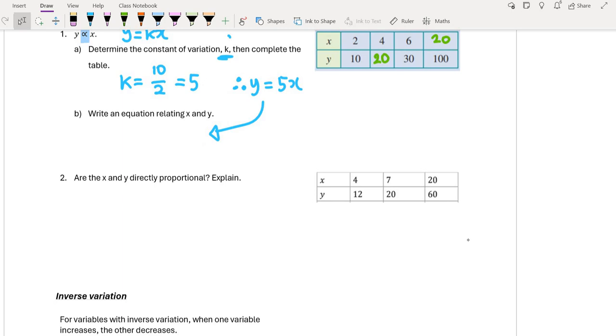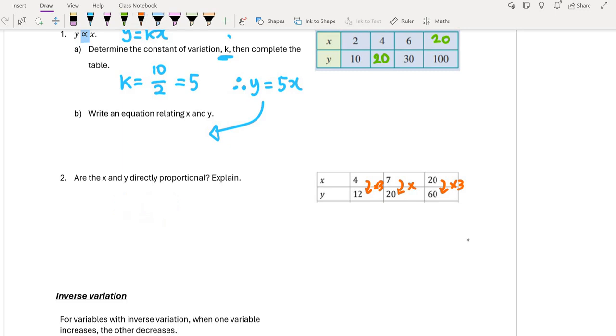To do that, we just need to see if these are going up at the same rate, because if they were directly proportional, they'll follow this equation and this will have to be the same. So for the first bit, we can see it's going up by times 3. Same for the last bit. However, here it's not quite going up by times 3.